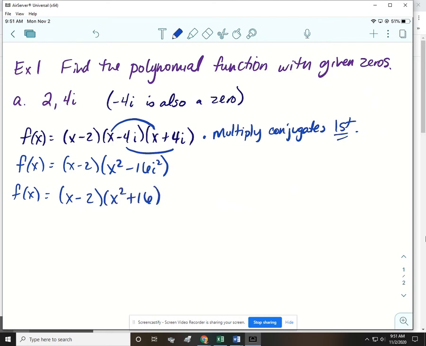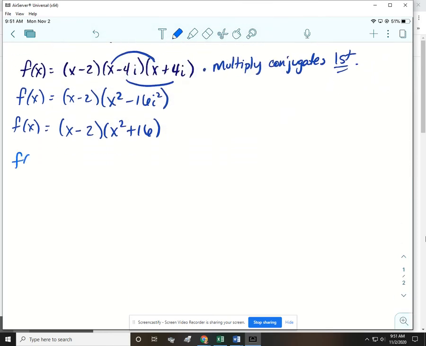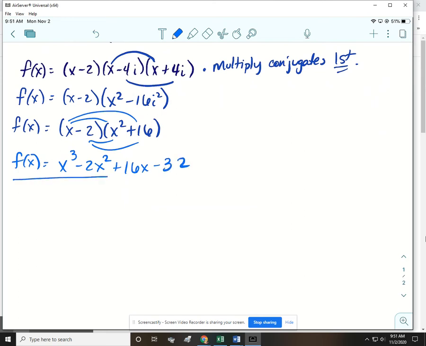All right, and then we would multiply those together. We can't do the shortcut on those, so we will just do all the distributing. All right, that is a polynomial function that has those zeros.